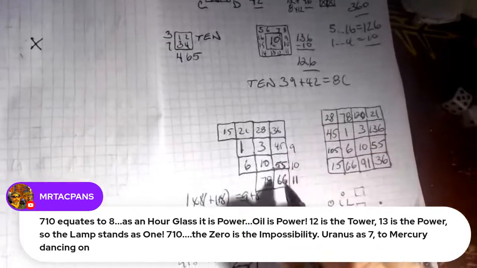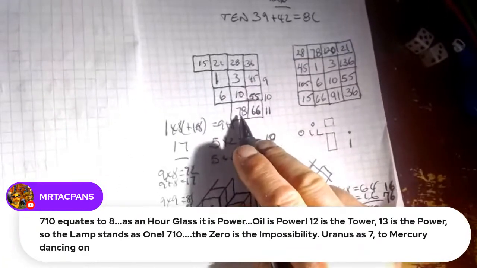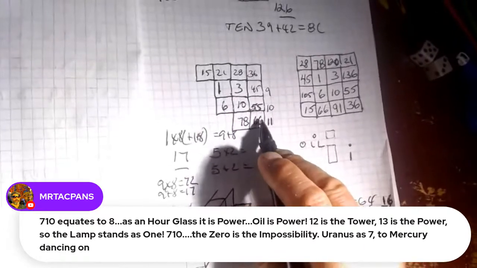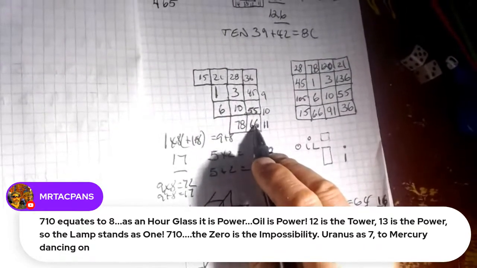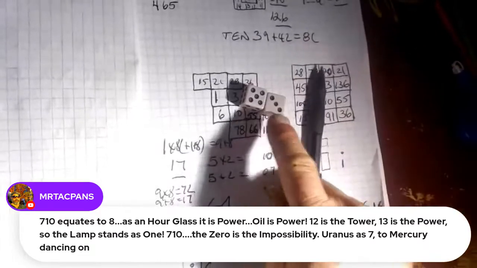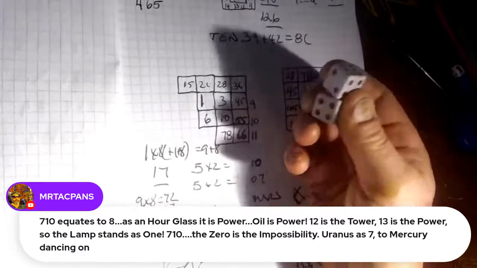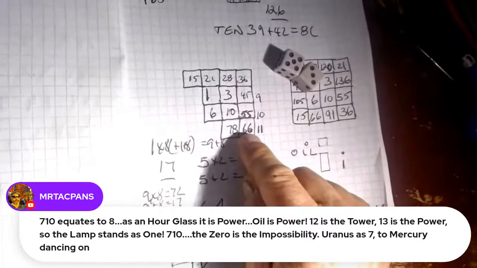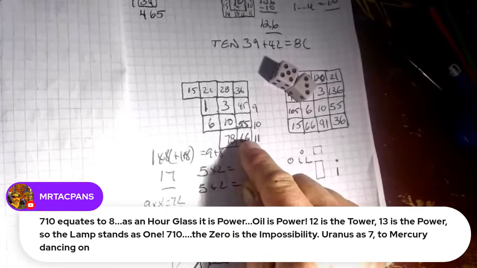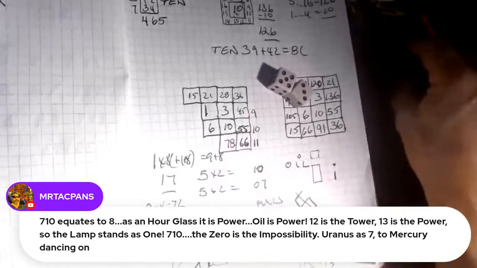This is 78. 1 times 7, 1 plus 7, in order to create this numeric value. This one over here, the multiplication and the addition and the reverse evaluation of this, because of these two cubes telling me 8 is 6, I would have to say if it's not 6 and 6, then it will be 8 and 8. So 6 and 6 is 12, 1 and 2 is 3.